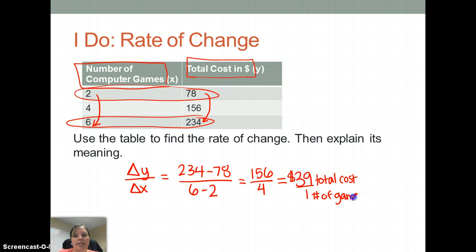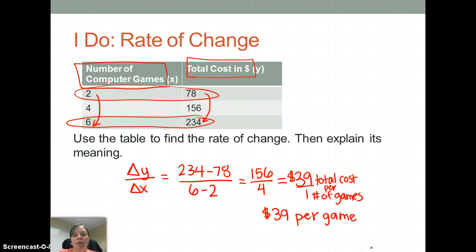So if we're going to relate this as a sentence or phrase, we'd say $39, and remember the division sign, generally we could say this as per. So this is $39 per one game, or $39 per game. So every computer game costs on average $39.